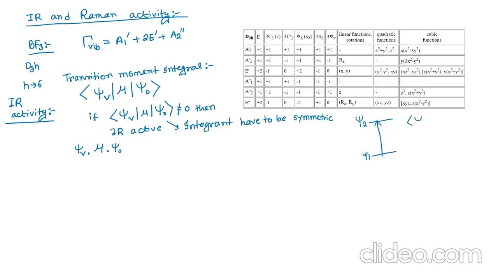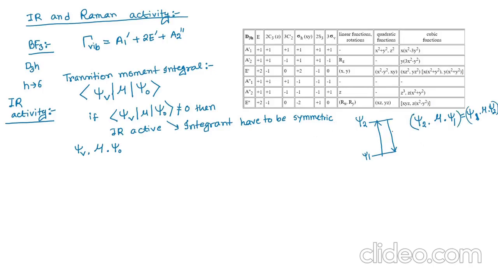What I am trying to say is your integrand psi 2 mu psi 1 should be equal to that of the opposite transition, right? The magnitude should not change due to the inversion, right? So your integrand has to be symmetric, that's what I'm trying to say.